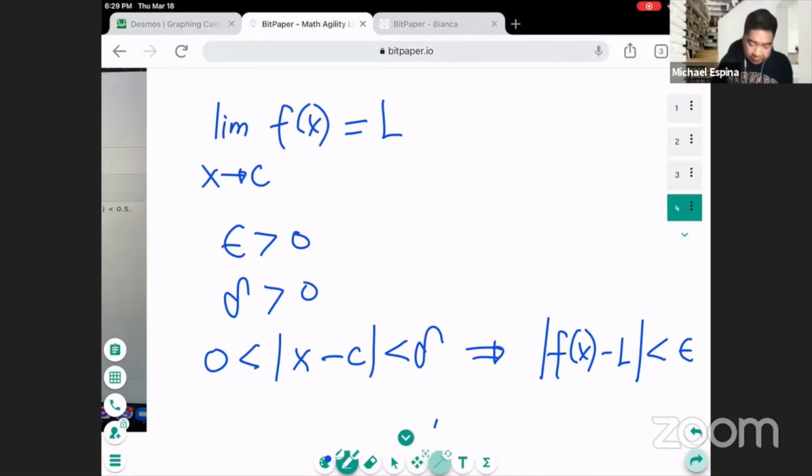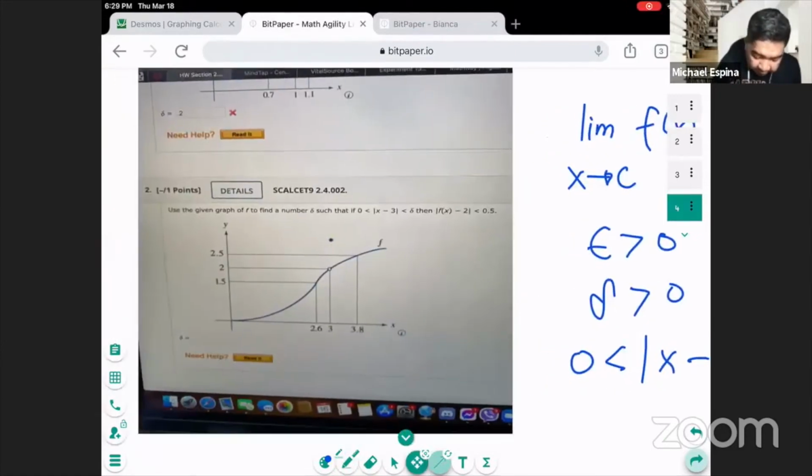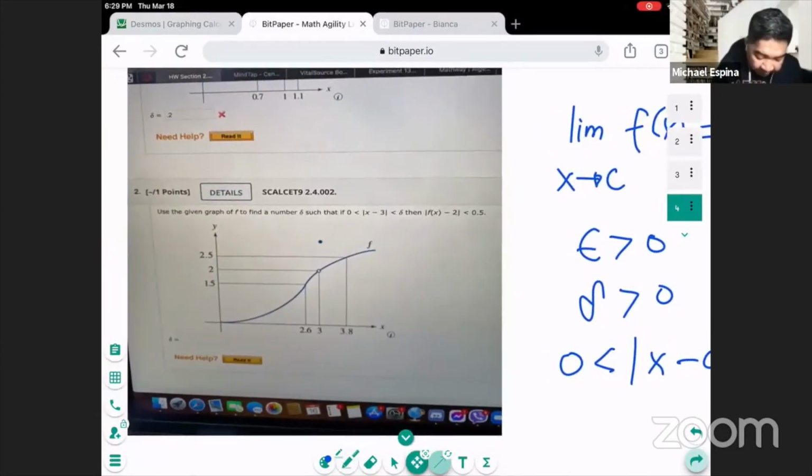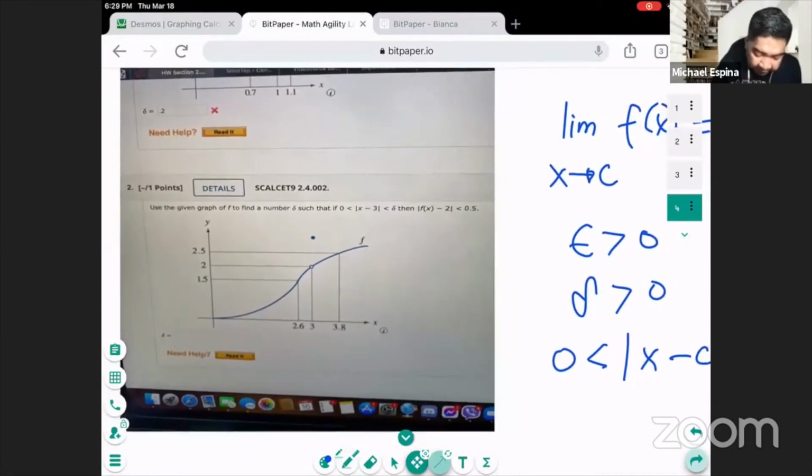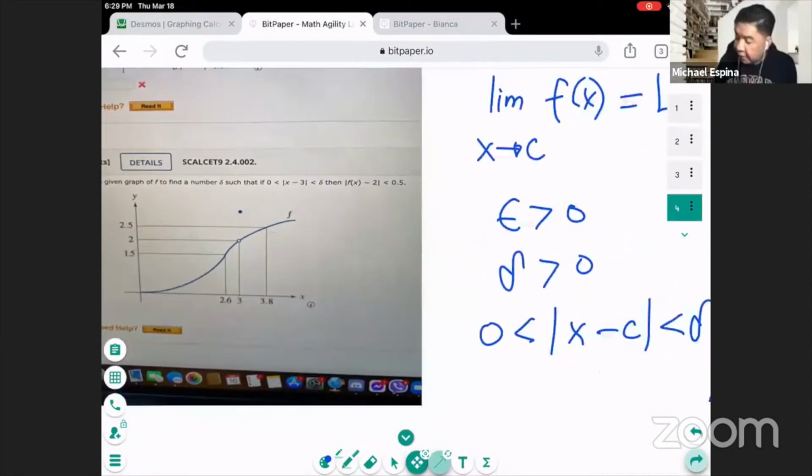All right, so if we go back to the question, what we're trying to do is find the number delta, right?